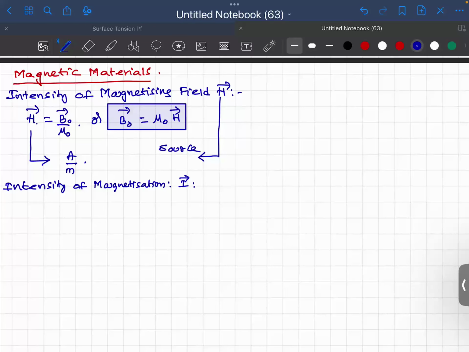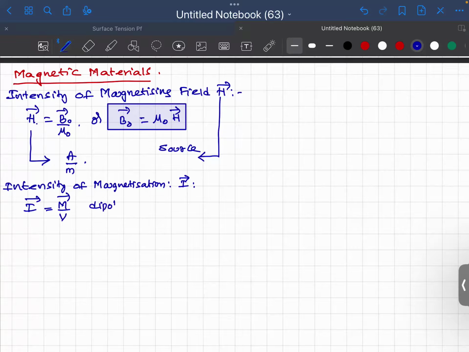You place a magnetic material in a magnetizing field, it gets magnetized. So it is defined as dipole moment per unit volume.